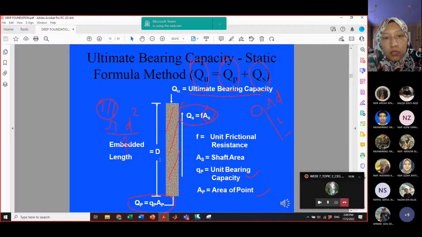The D here refers to the embedded length. As in last week's talk, the pile length depends on the strength of the soil. So how much depth we need to embed the pile depends on the type of soil.